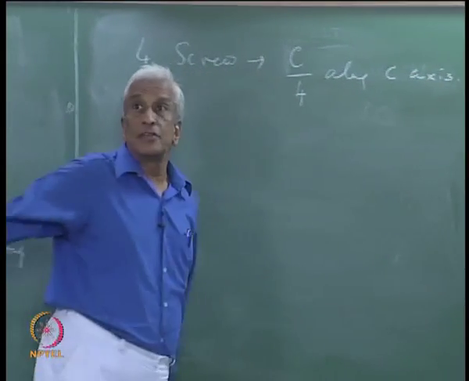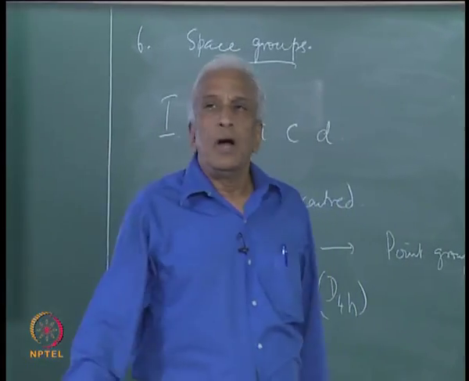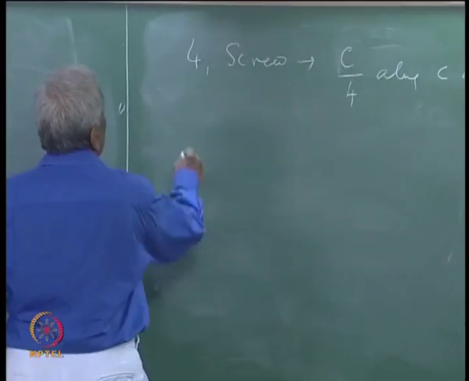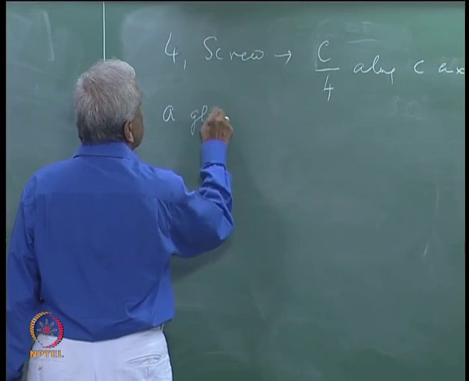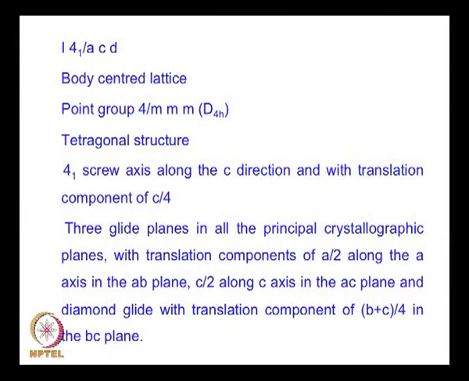That is the translation component, and we have an a glide and then a c glide in the plane perpendicular to the b axis, which is the ac plane.